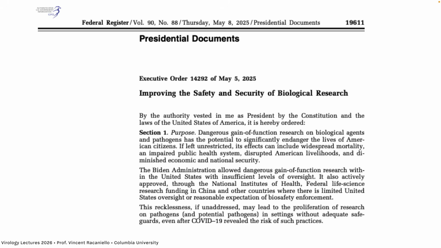This recklessness" — that's a politicization of this, calling it reckless. "If unaddressed, may lead to proliferation of research on pathogens in settings without adequate safeguards, even after COVID-19 revealed the risk of such practices." So they are concluding here that COVID-19, SARS-CoV-2, came from gain of function research in China, which is of course not true.